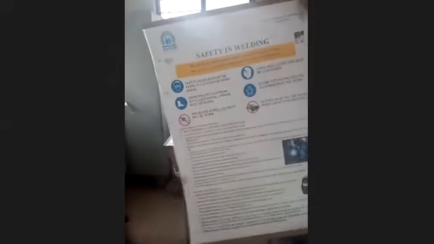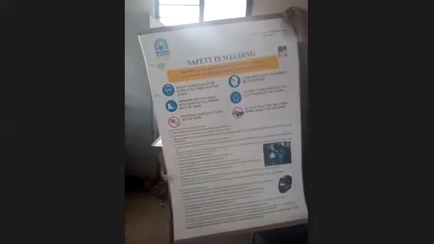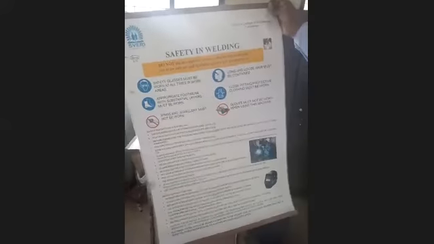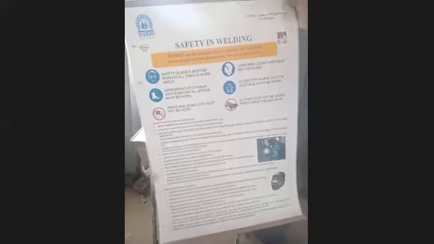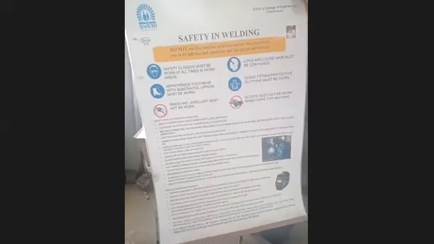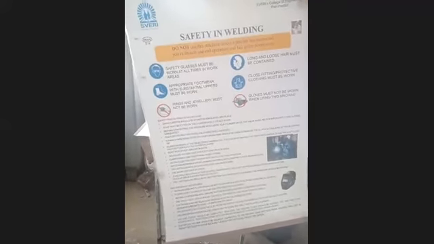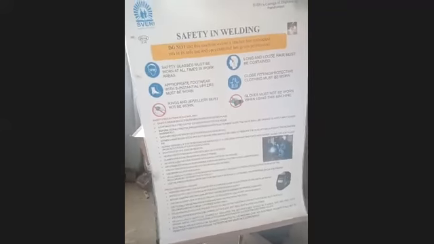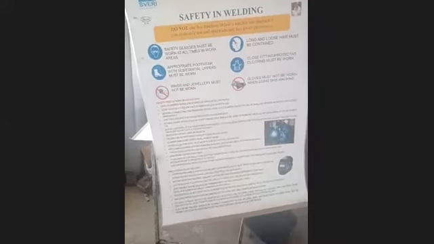Rings and jewelry must not be worn. Close fitting or protective clothing must be worn. Gloves must not be worn when using this machine. So we should not use the gloves. So these are the precautions.